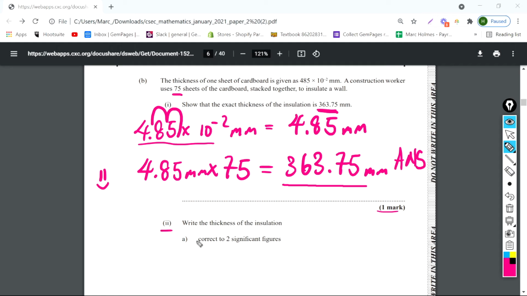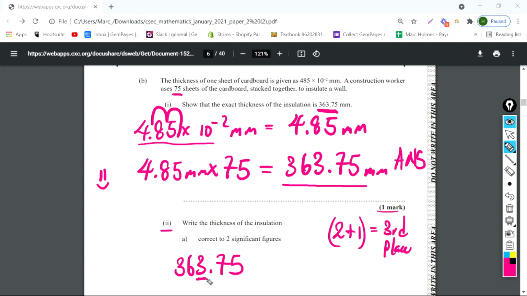The next part now says, write the thickness of the insulation correct to 2 significant figures. So guys, this is it, 363.75. If we want something in 2 significant figures, we need to look at the 2 plus 1th place, so we need to look at the 3rd place, which is the 3. This 3 is the 1st place, 2nd, 3rd, 4th, and 5th.